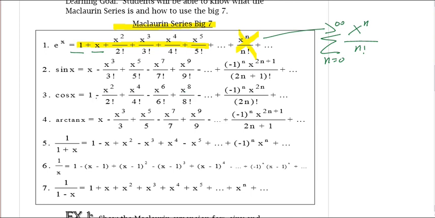That's equal to 1 minus x squared over 2 factorial plus x to the 4th over 4 factorial, on and on and on. Now notice what you can do here is this. If you want to memorize these, if you know e to the x, you can basically generate sine and cosine. So what I mean by that is this.